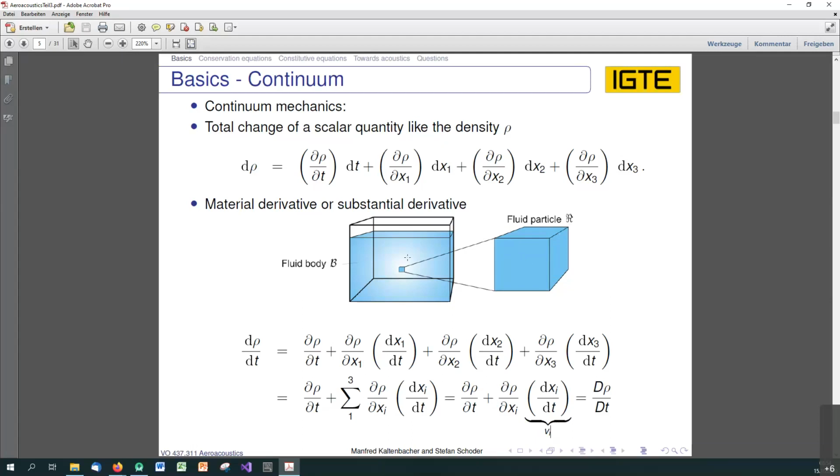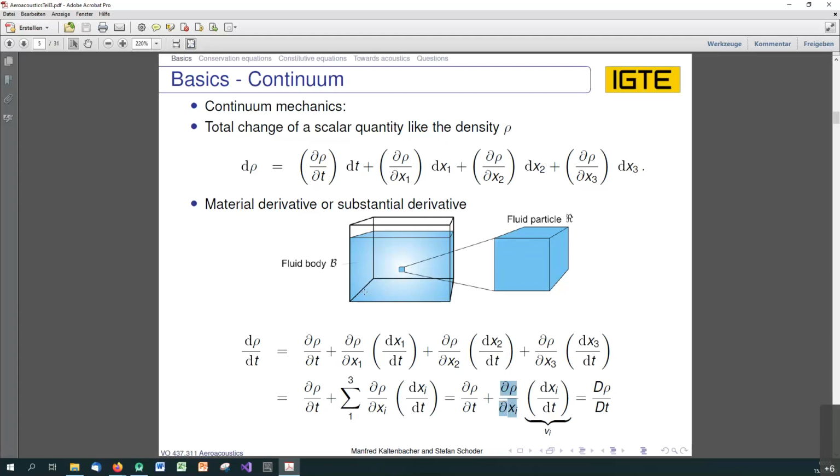By convection: this fluid particle in the fluid body has a spatial density variation. So from one fluid particle to the next one, you have a kind of density gradient. And if now the fluid is flowing, just imagine like this, then the density variation will travel.